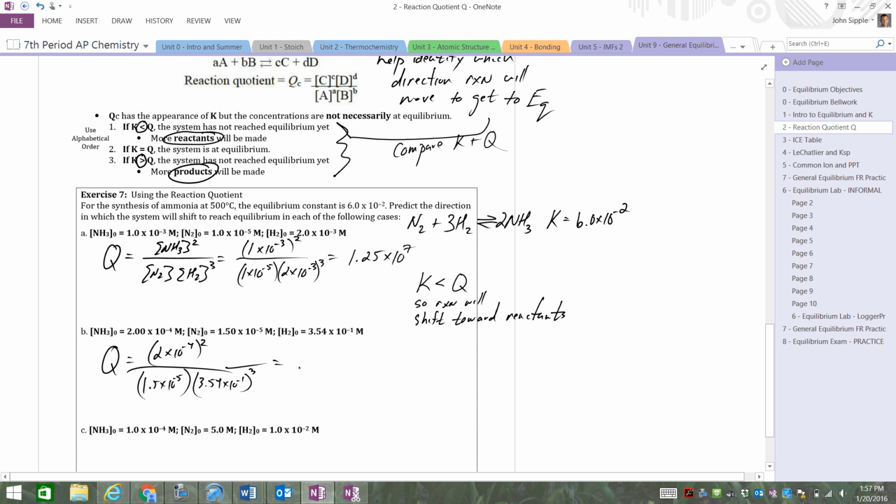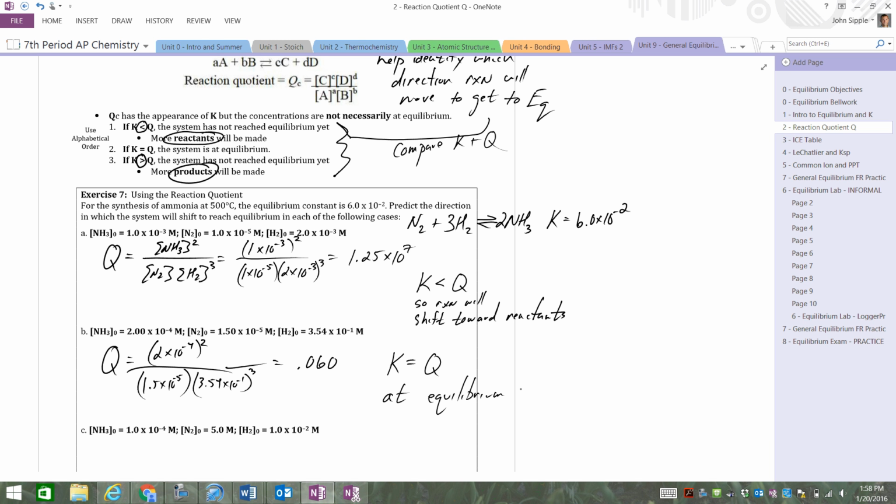All right, so I got 0.060. So K in this case is equal to Q, so it's at equilibrium. We're already there. That's what we're looking at.